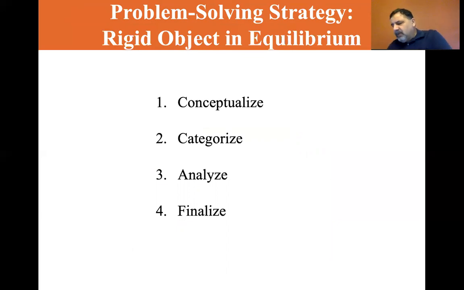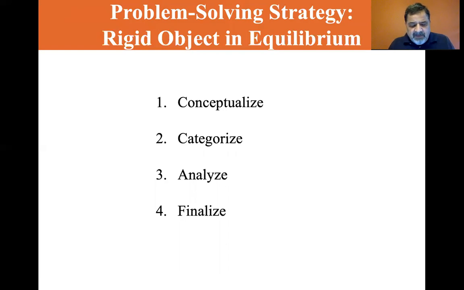You conceptualize. You think about the object that is in equilibrium, and identify all of the forces on it. This is on page 314, and I'm just basically reading 314. Imagine what effect each force would have on the rotation of the object if it were the only force acting. You categorize. You can confirm that the object under consideration is indeed a rigid object in equilibrium.